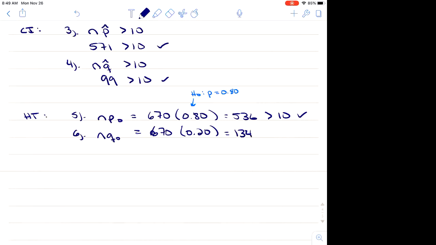Or if you wanted to, just 670 minus 536, but I like to stick to the calculations. These are always going to check out, right? You're never going to have a situation where the assumptions aren't satisfied. It's just a matter of you have to jump through these hoops to check it.